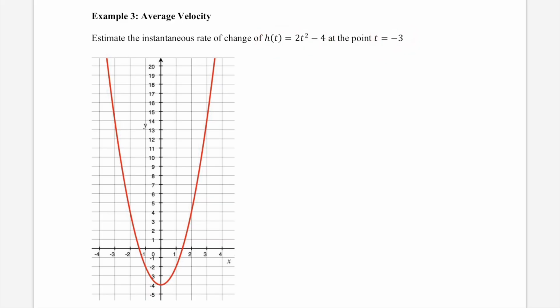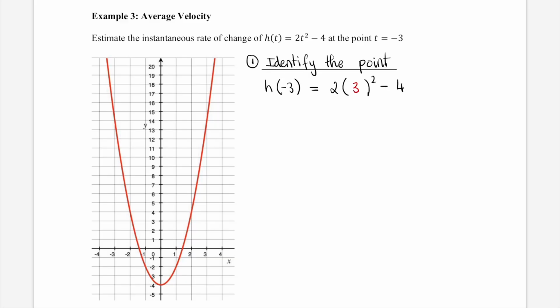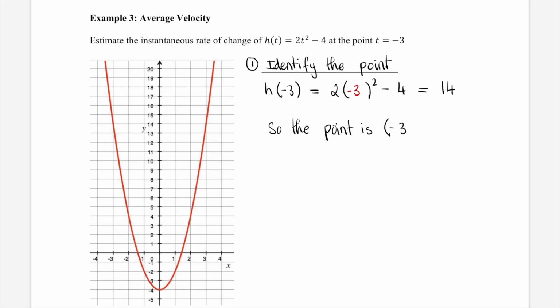We are going to replace t with negative 3 to find the output. Negative 3 squared is 9, and 9 times 2 is 18. 18 minus 4 is 14. So the point is negative 3, 14.